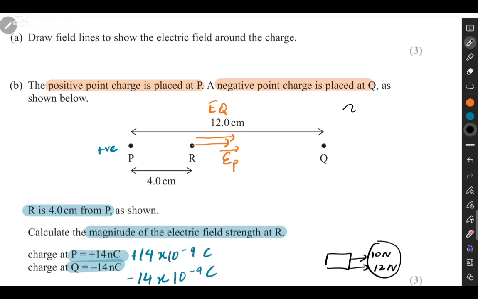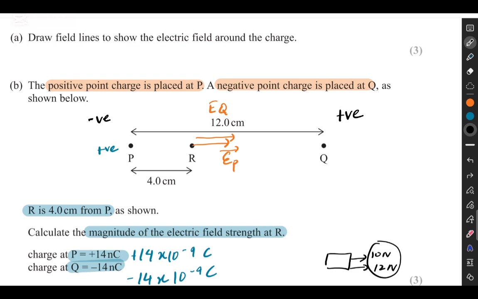So let's say in vectors, we decide this is positive, this is negative, which means anything that acts towards the right will be positive, and anything that acts towards the left will be negative.